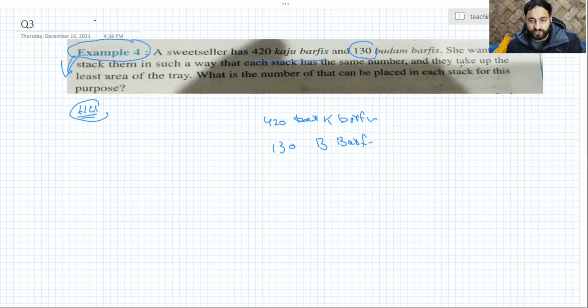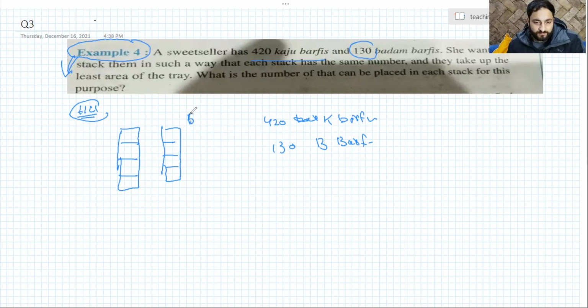She wants to stack them up in such a way that each stack has the same number. Each stack should contain an equal number of barfis.